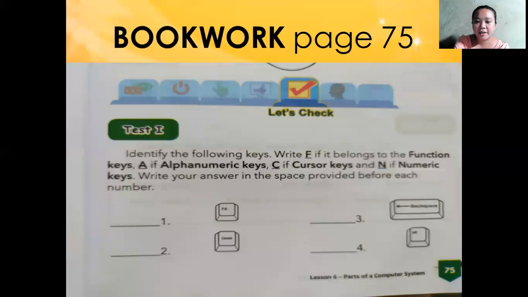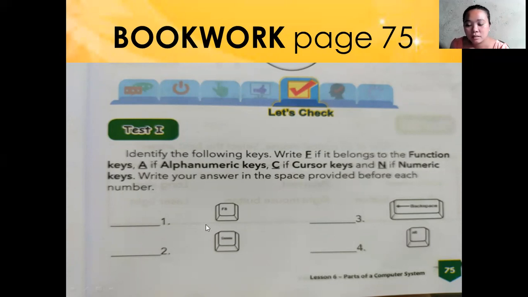Okay? Now, please get your book and open it on page 75. Identify the following keys. Write F if it is in function, write A if it is in alphanumeric, C if it is in cursor, and N if it is in numeric. Number 1, F8.